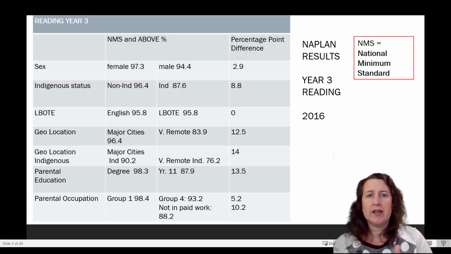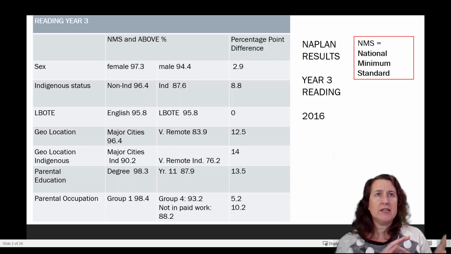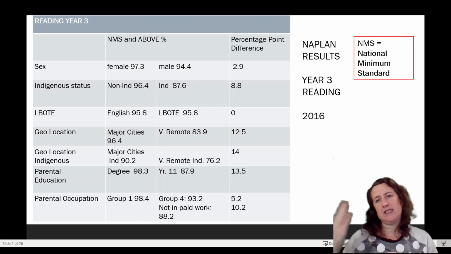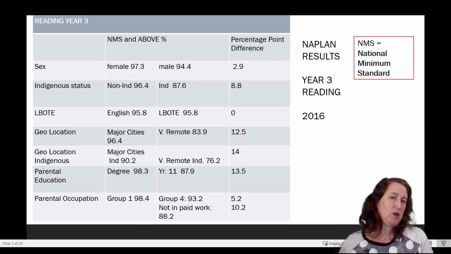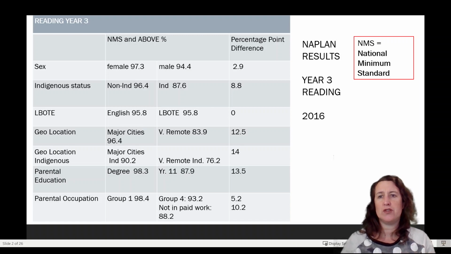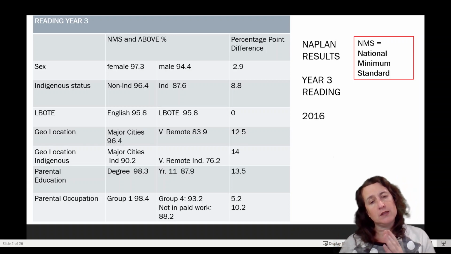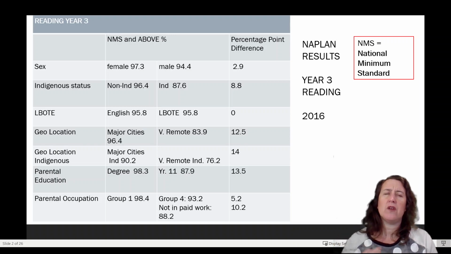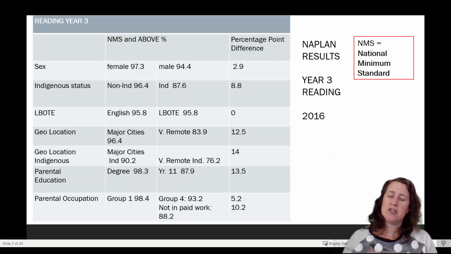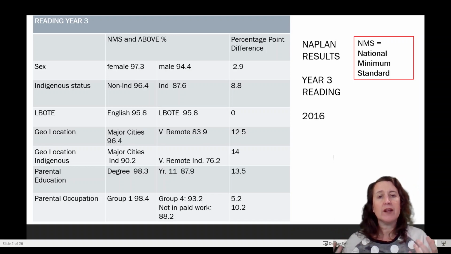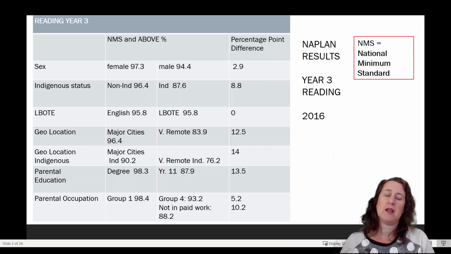And looking at this, the intersection of whether a student's Indigenous and living remotely puts them at a greater disadvantage than those students who are in the major cities, and students whose parents are not in paid work are less likely to be meeting the minimum standards. So the disadvantage and the learning difficulties are not randomly occurring; there are social factors that play into student success.